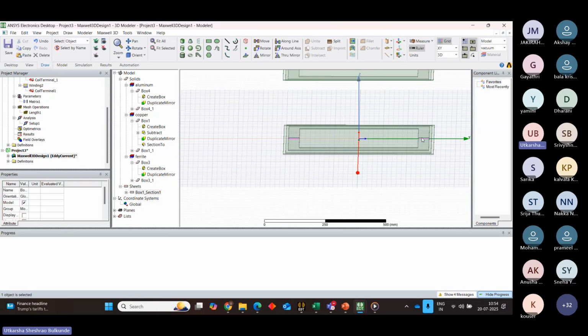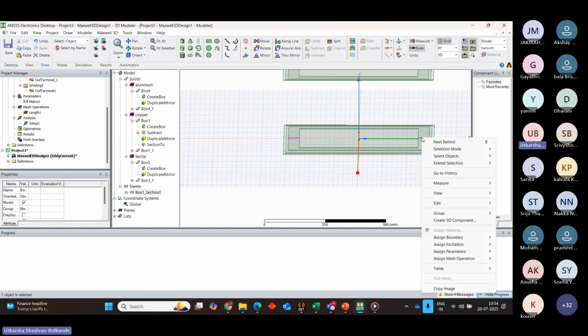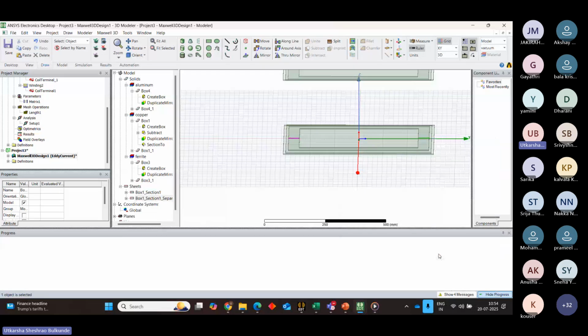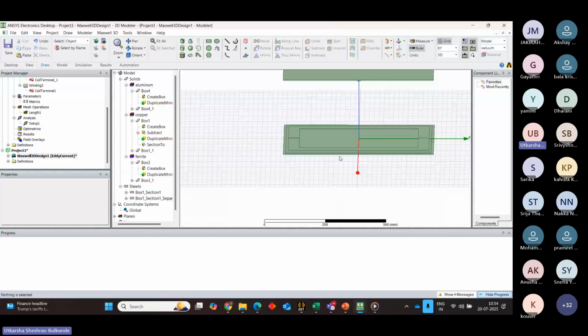For that, first you have to separate them, right? So select the sections, then edit, boolean, then separate bodies. Now there are two separate bodies. First it was one body, now there are two separate bodies. So one you can delete now.